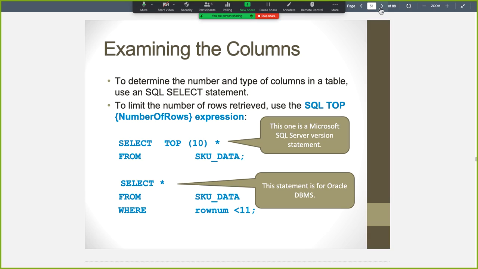Now, in this example, I also show you that some of the functions the textbook uses will not work in our Oracle environment. This is another example. Microsoft SQL Server has this very useful function called top, and the other one you have used is called table sample, right?